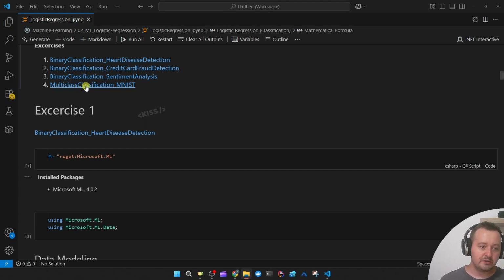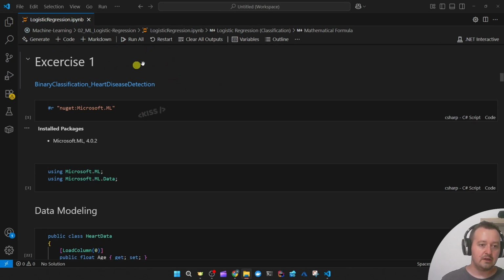And since it's multi-class classification, each category, so 0 will be category 1, 1 will be category 2, 3, 4, 5, 6, 7, 8, 9, will all be different categories, and each of them will get a probability score. But then the highest probability score should be the correct answer. That's what you want to aim for, at least.